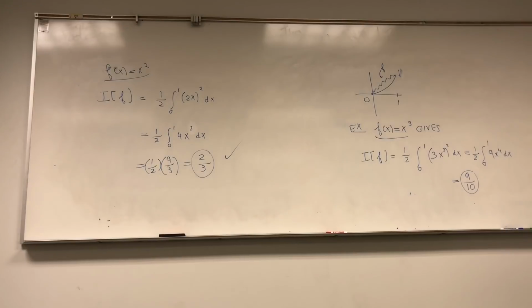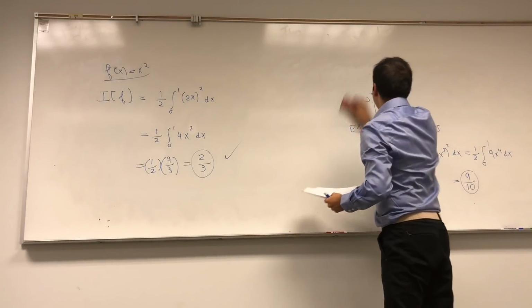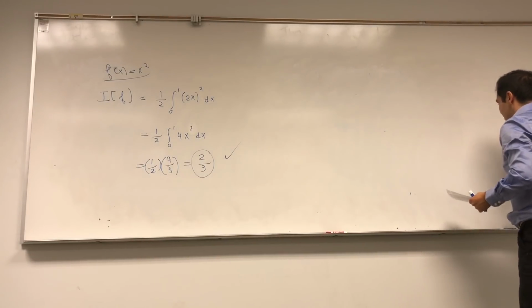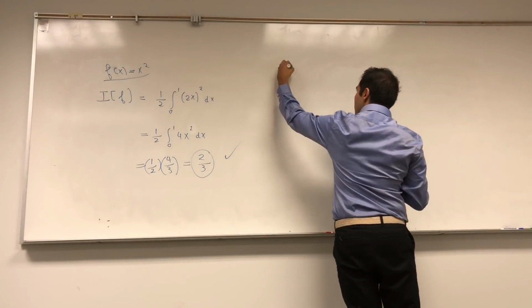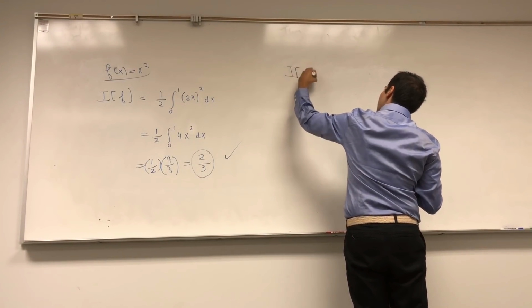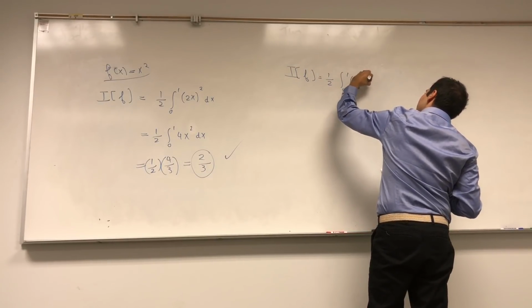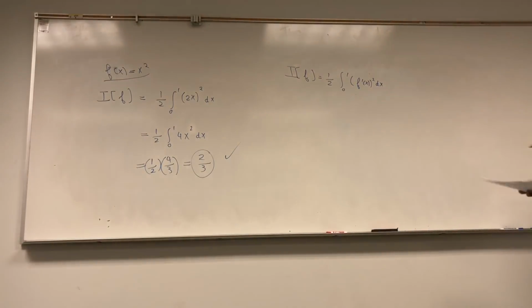And if you think about it heuristically, the answer should make sense, because if you take I of f, again 1/2 integral from 0 to 1 of f prime of x squared dx, the smaller the derivative is, or the smaller it moves, the better.